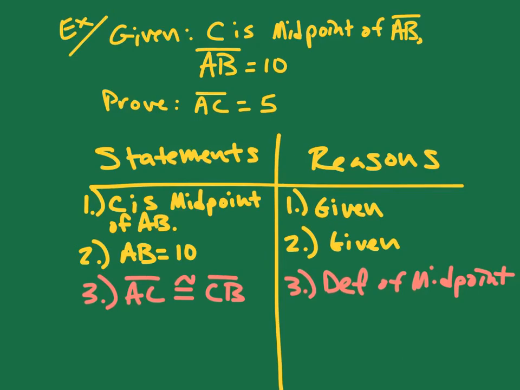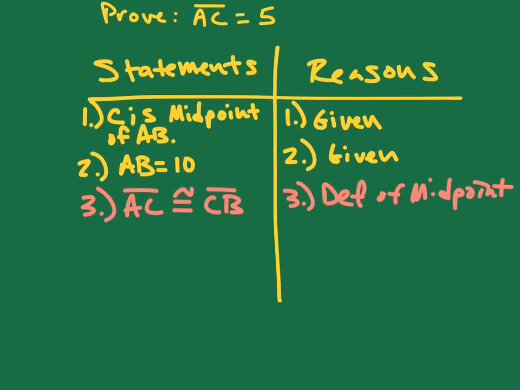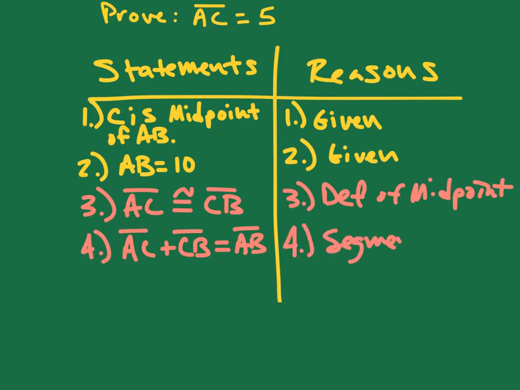Now in my fourth statement, I could say that if I take the length of AC and add it to the length of CB, that's going to give me the whole length AB. And what we learned previously in other sections is that's the segment addition postulate. Now I'm going to do some substitution.